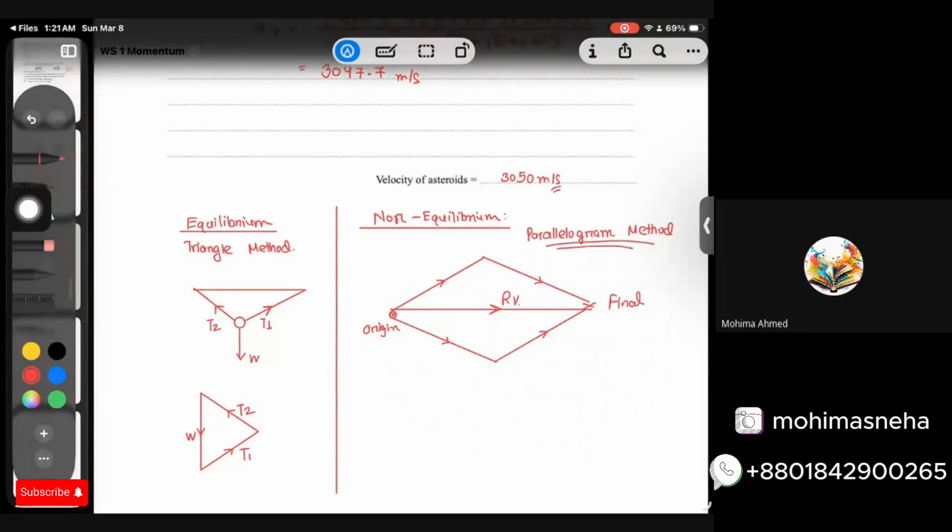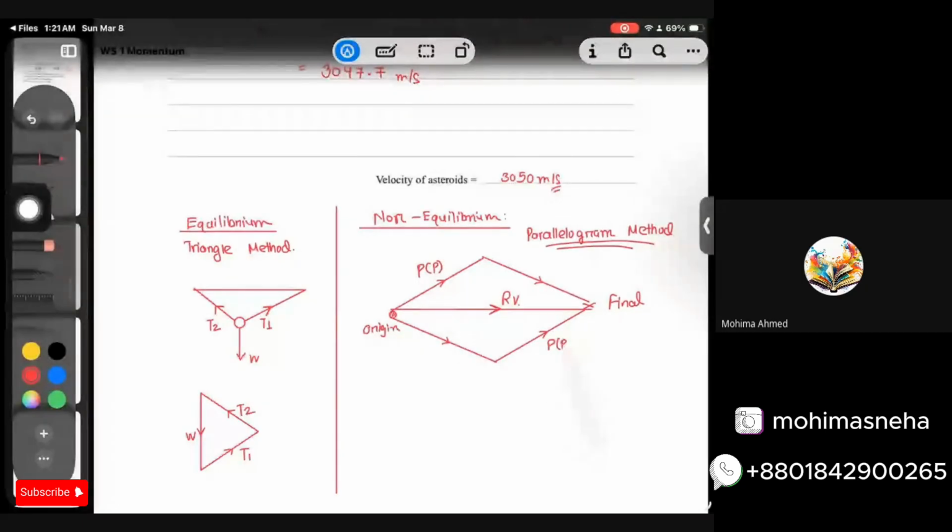Right, this one I name as the parallelogram method. Not I name it, in your book also the name is parallelogram method. Because you know how you created and copied the forces or vector quantities, like this was the momentum of P, and this is again the momentum of P copied version, right?